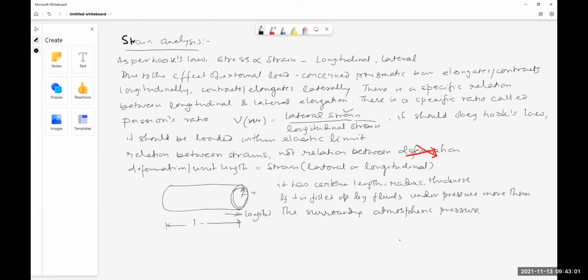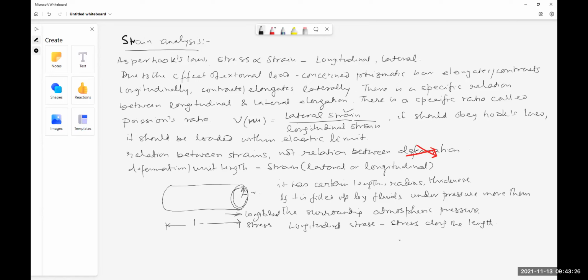Longitudinal stress means stress along the length.